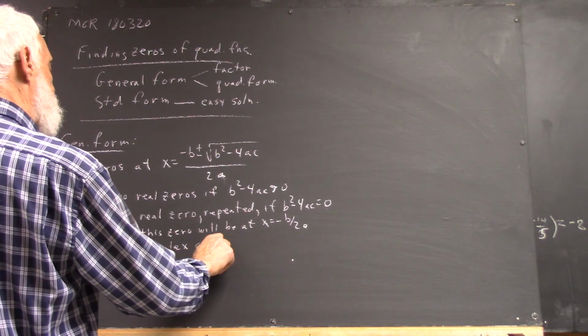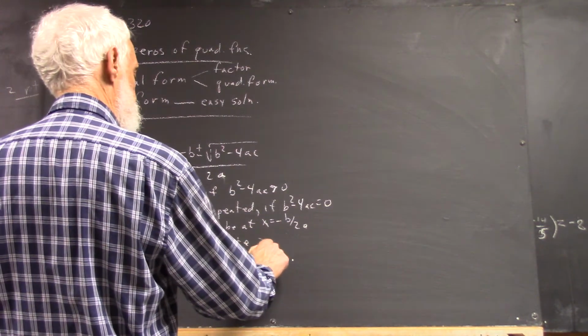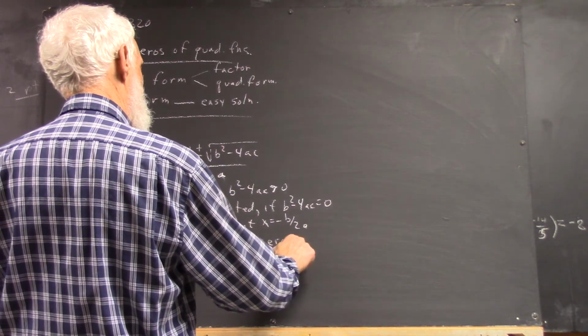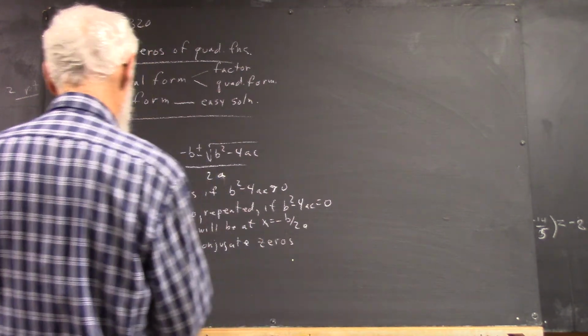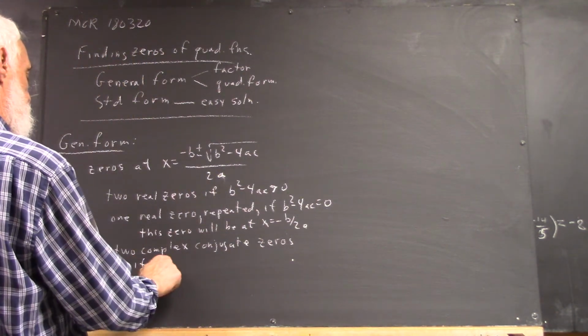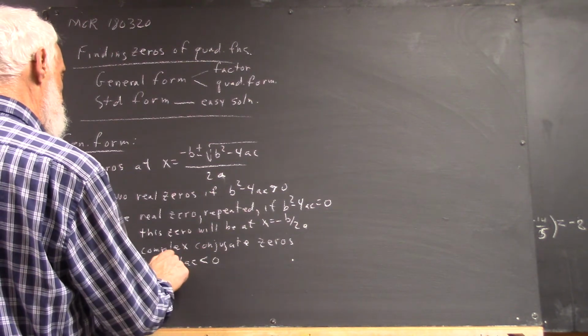You get two complex conjugate zeros if b squared minus 4ac is less than 0.